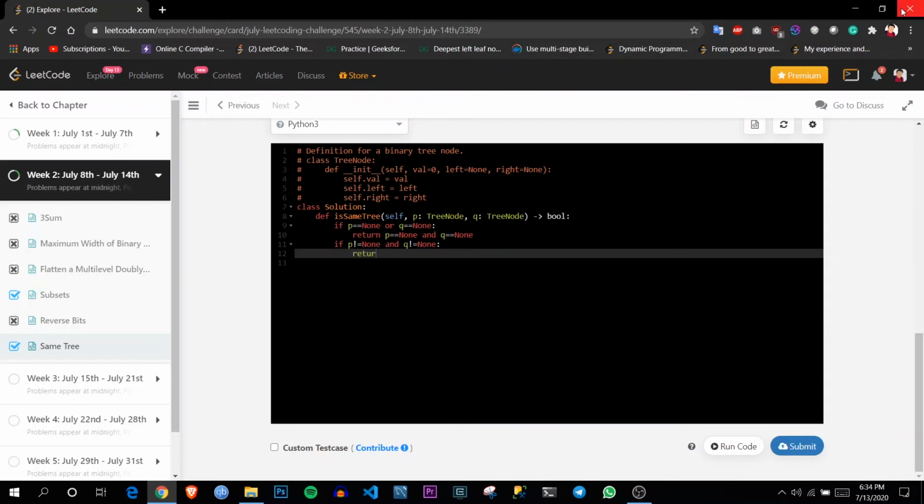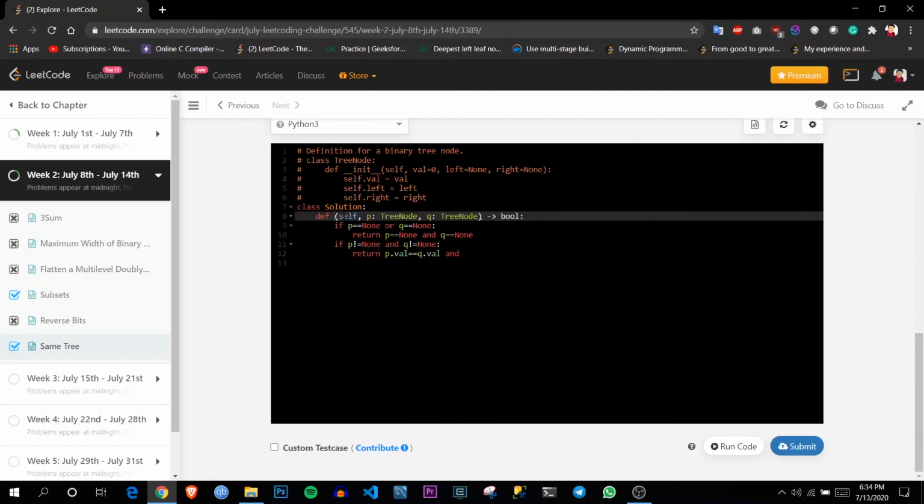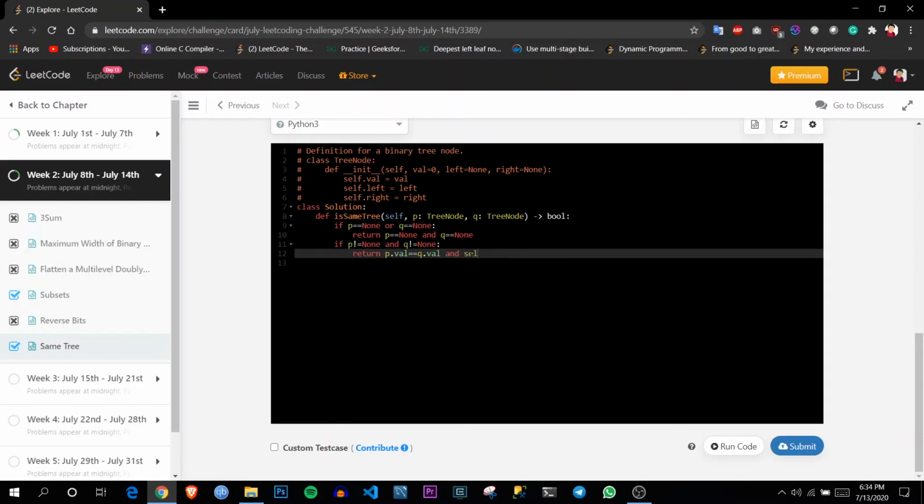So return, let's see, first checking if p dot val is equal to q dot val or not. Then we will be calling this same function for the left subtree recursively. Copy, and over here self dot isSameTree of p dot left comma q dot left.